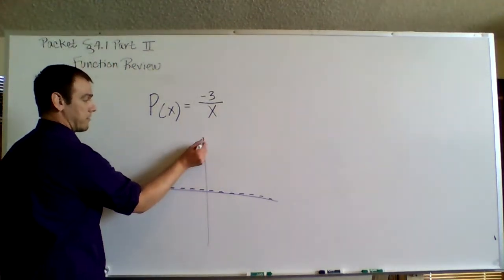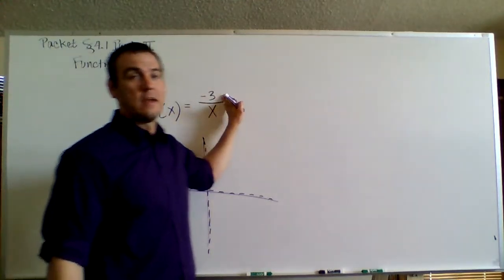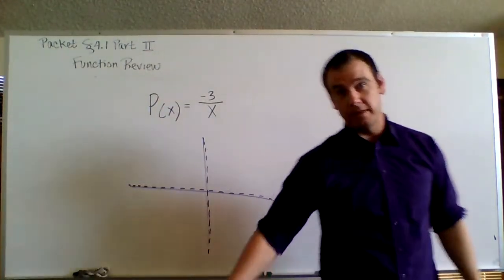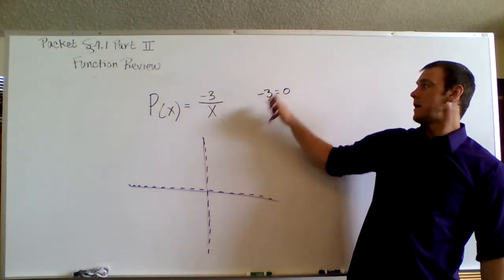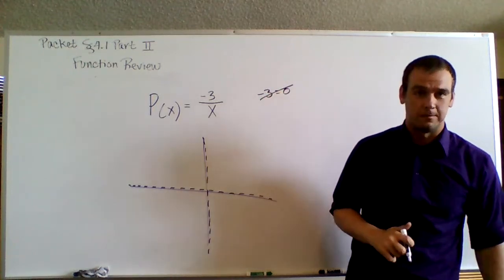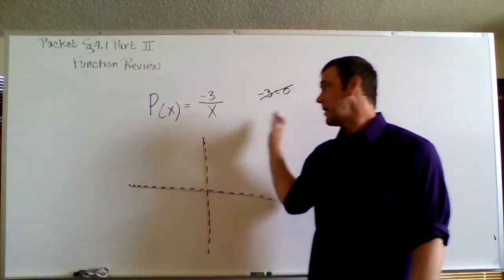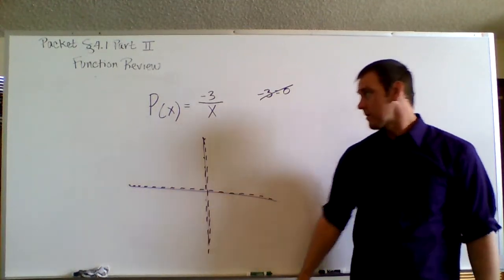Vertical asymptote at 0. I do not have any x-intercepts. All right, I set the top, the numerator, equal to 0 and solve for x to find my x-intercepts. There's nothing there.